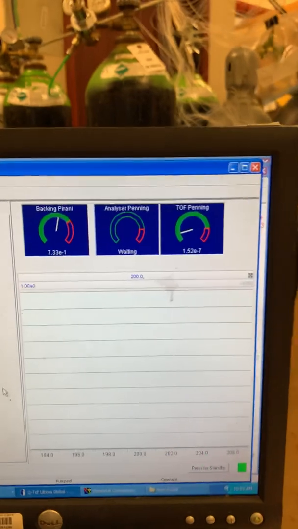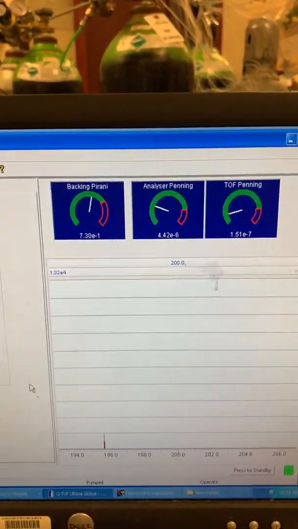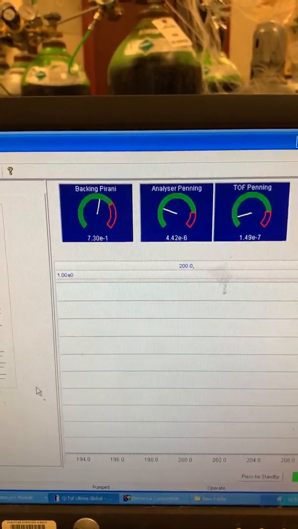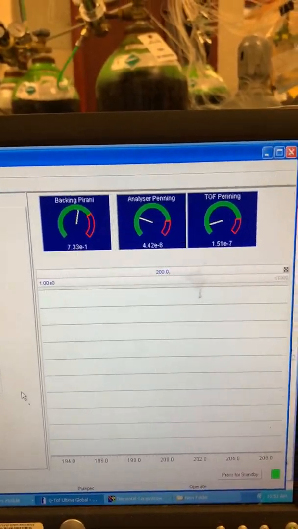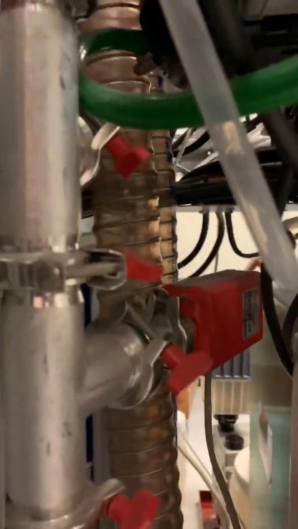So this particular instrument has a Pirani, which is the backing gauge, and that is here at about 10 to the minus 1. Now that pressure gauge is just behind the source here. That's a really high pressure, and so just behind the source is the Pirani. You can see it right there.